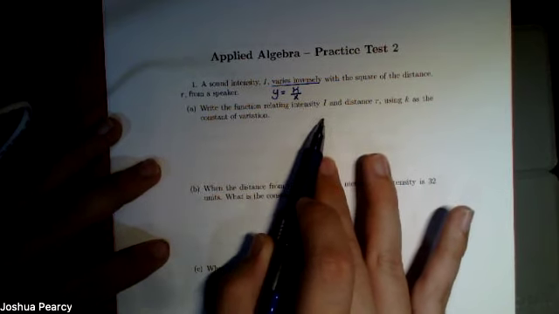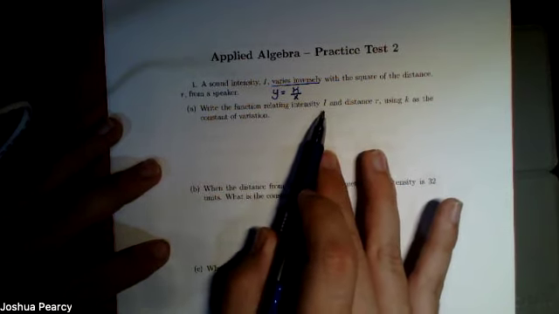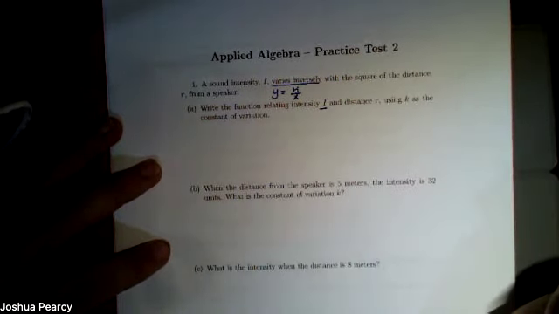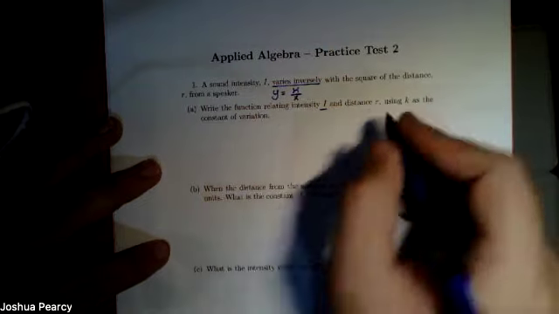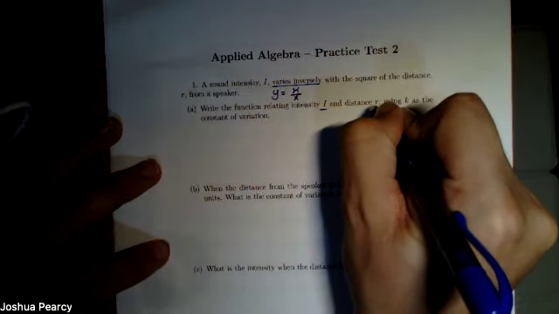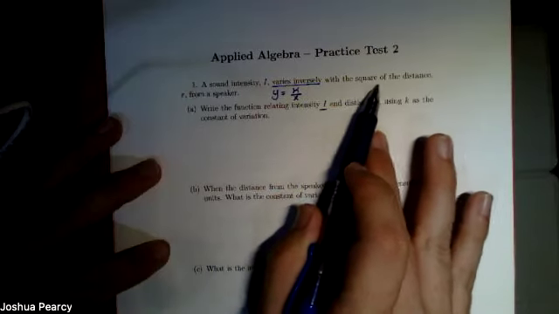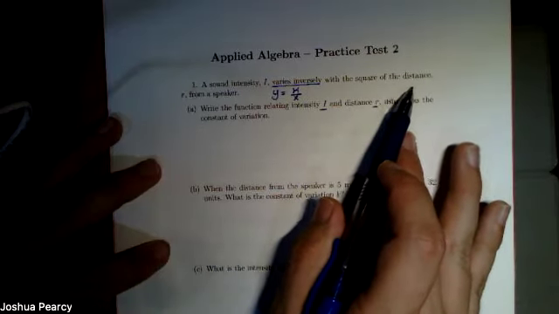So now what we want to do is apply this idea here. We're going to think of the intensity I as y, and our variable x here is going to be r, right? But here, what does it say? That it varies inversely with the square of the distance r from the speaker.